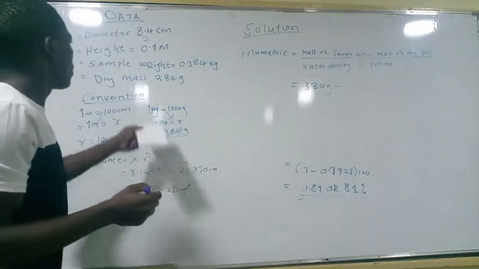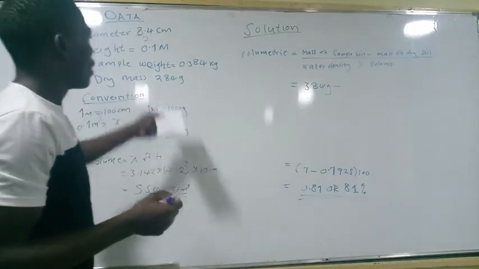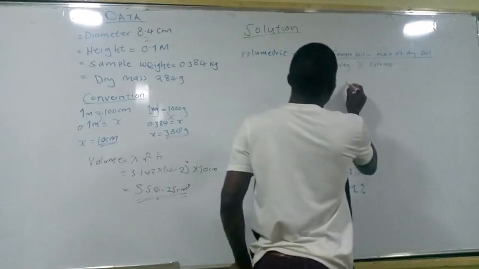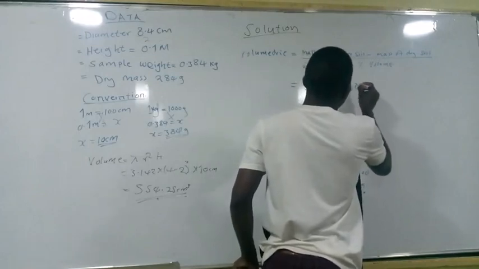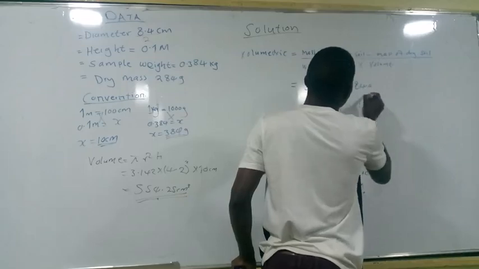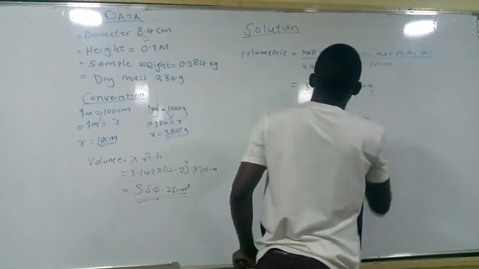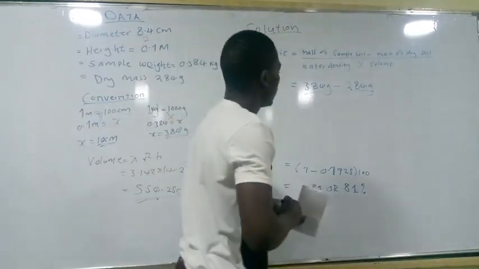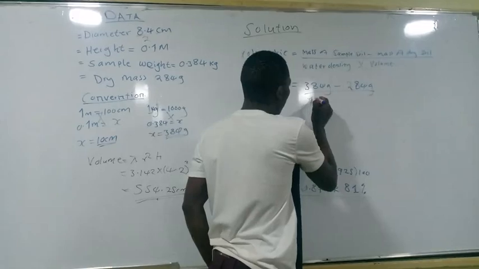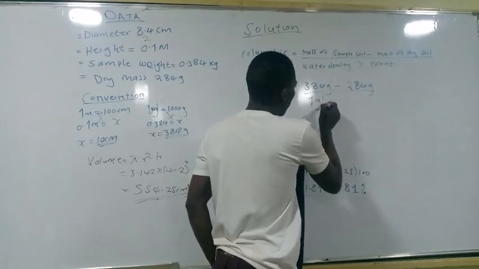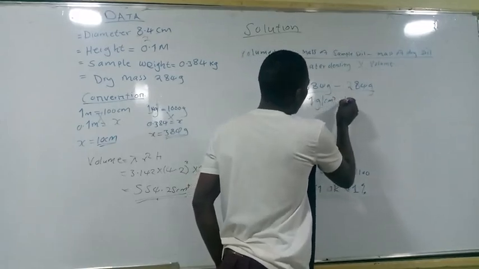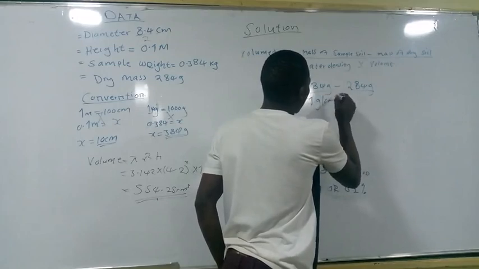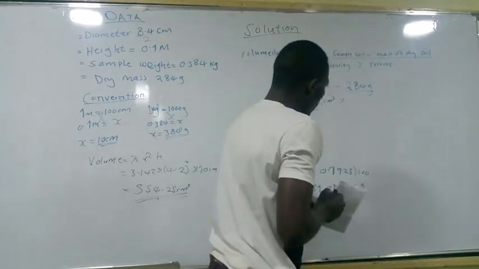The mass of dry soil is given by 284 grams, over water density, which is given by 1 gram per cubic centimeter, multiplied by what?